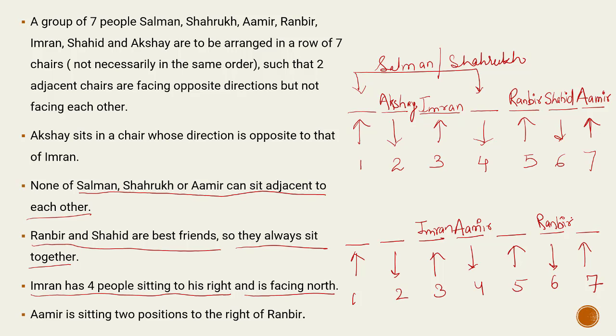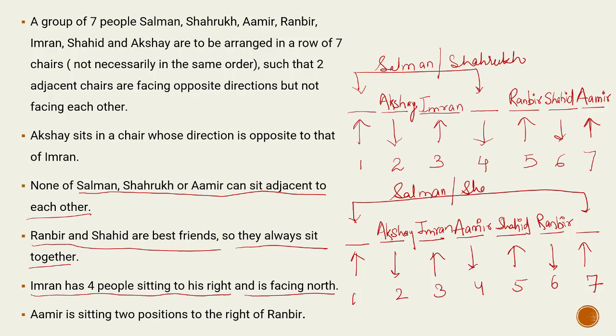We cannot have Salman and Shahrukh on chair number 5. So we would take Shahid here, as Shahid and Ranbir are sitting together. Akshay would go on chair number 2 as he has to sit on a south facing chair. And then for chairs number 1 and 7, again we would have a possibility between Salman and Shahrukh.